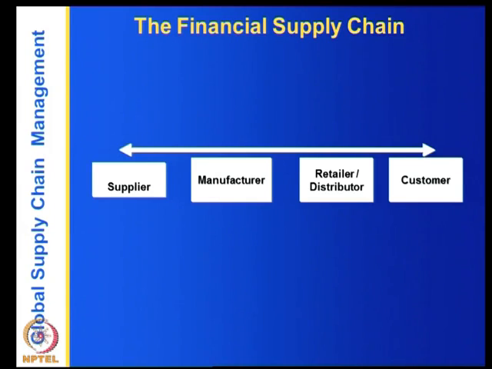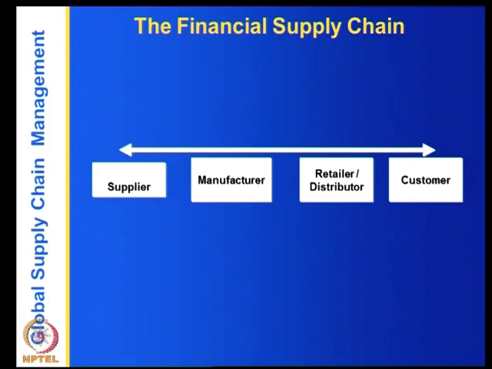Now let's look at the financial supply chain. Here you have basically these four or five players: the suppliers, manufacturers, retailers, and distributors. The material flows from supplier through to the customer.